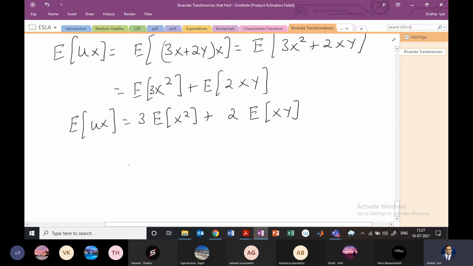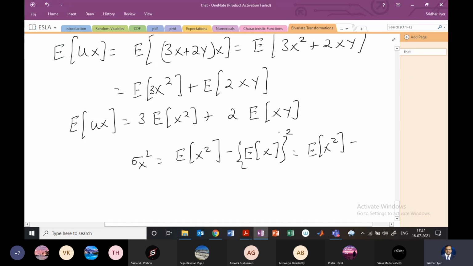We know that sigma x square is E of x square minus E of x, the whole square, which is also written as E of x square minus mu x square, right? From here, I can find E of x square as sigma x square plus mu x square.